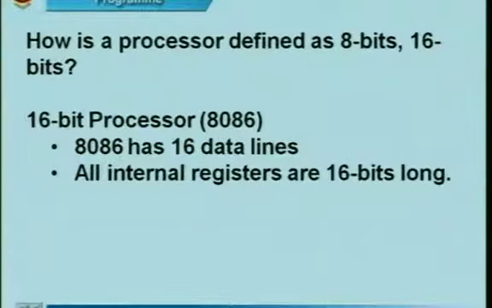Similarly, when I say a processor is 16 bits, we say the internal bus is of 16 bits and we have an arithmetic logic unit which works as 16 bits, and we have external access as 16 bits. So, 8086 is a 16-bit processor, it has 16 data lines, and all internal registers are 16 bits long. I add one more point here: the internal arithmetic logic unit operates on 16-bit data.